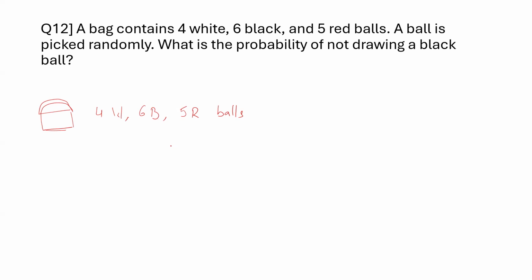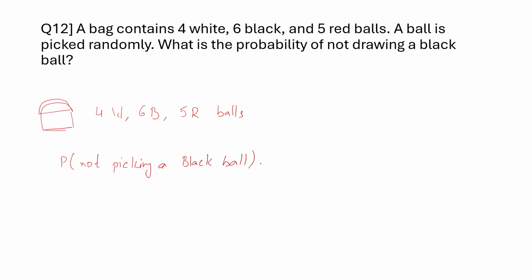So till now you know how to get the probability of picking a black ball. What is the probability of not picking a black ball? How will you compute it?